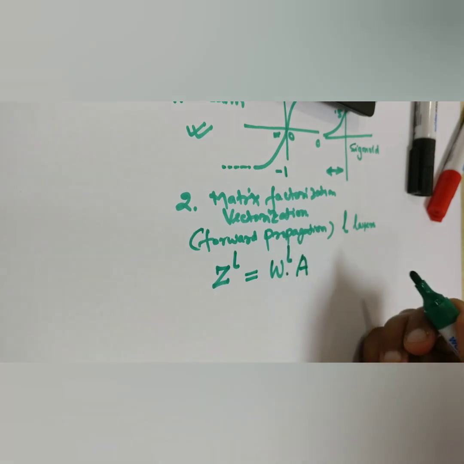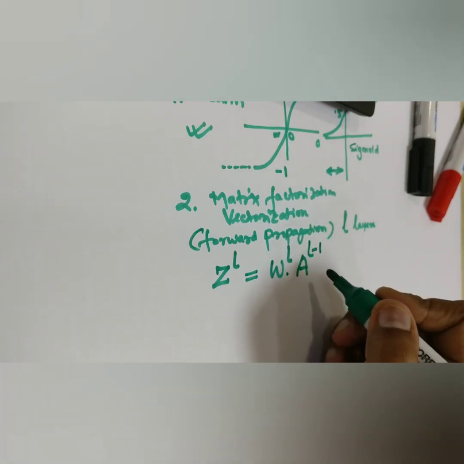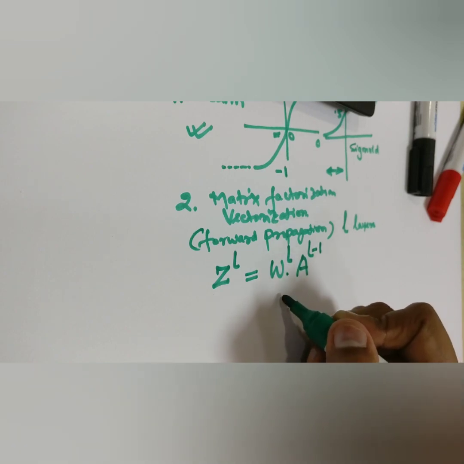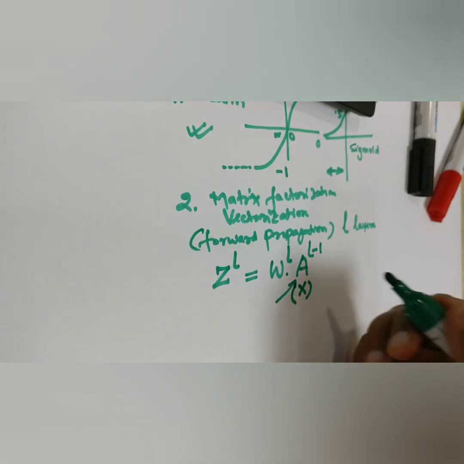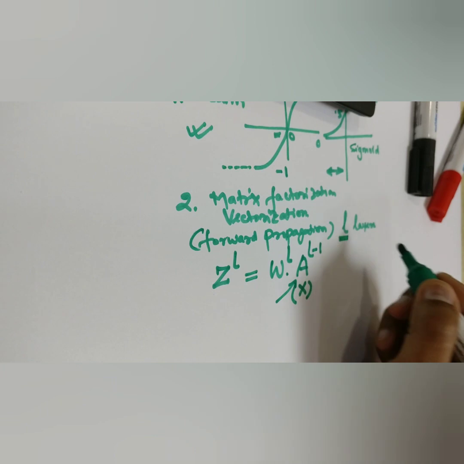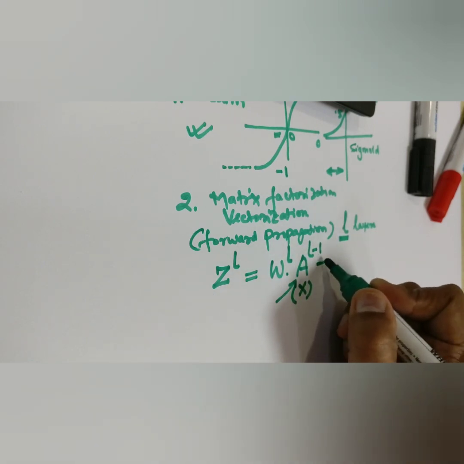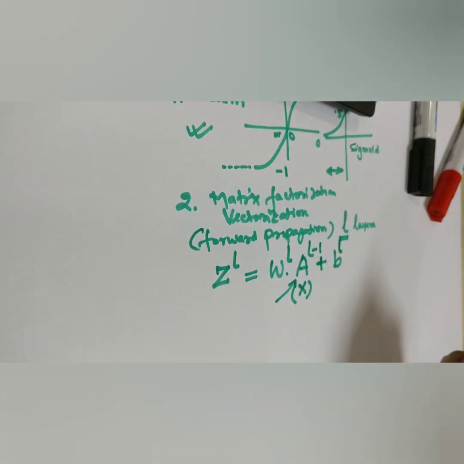So again, we represent the input A with L minus 1 because we are getting the input from the previous layer, and in the first layer this will actually be X, right? Because this is the actual input in the case of layer 1. But because we are trying to generalize for L layers, we'll write it L minus 1, plus the bias term, which will be again from the current layer.